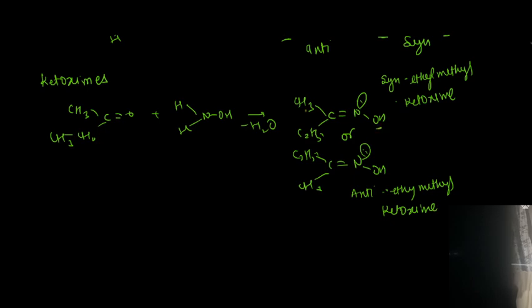Because the OH group is together with C2H5, then it is syn ethyl methyl ketoxime. It is anti then ethyl, which is anti to the OH, then methyl, then ketoxime. So everything goes around the OH. Okay, everything goes around the OH.